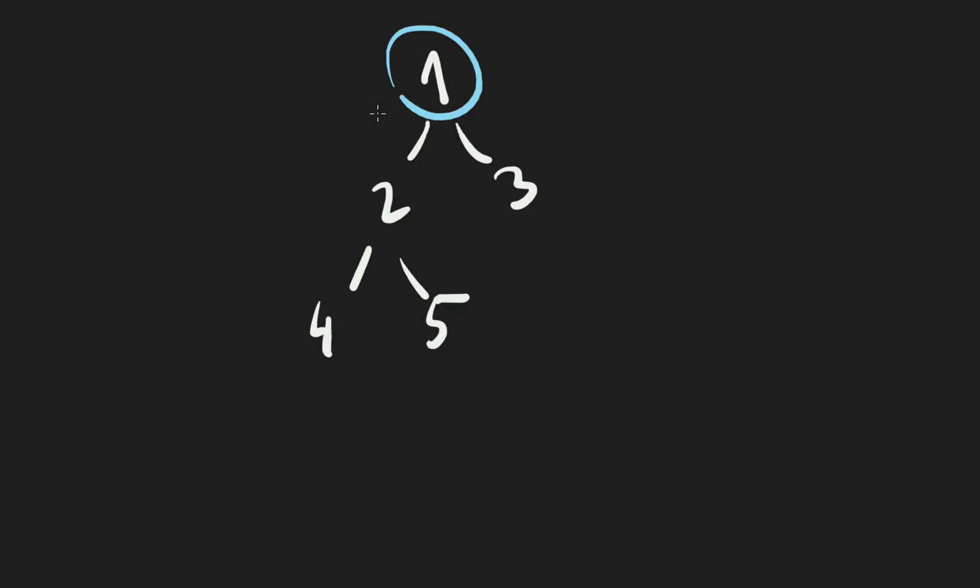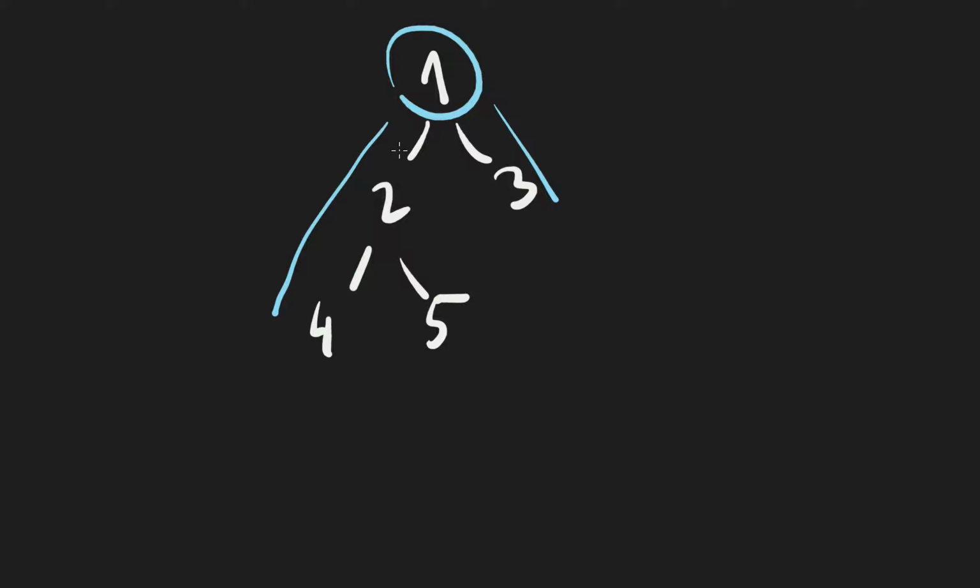So let's say that we have a binary tree of 1, 2, 3, and let's have 2 more nodes, 4, 5. And let's manually validate whether this binary tree is balanced or not. We start at the root. What we need to do is check the maximum depth of the left subtree and the maximum depth of the right subtree, right?